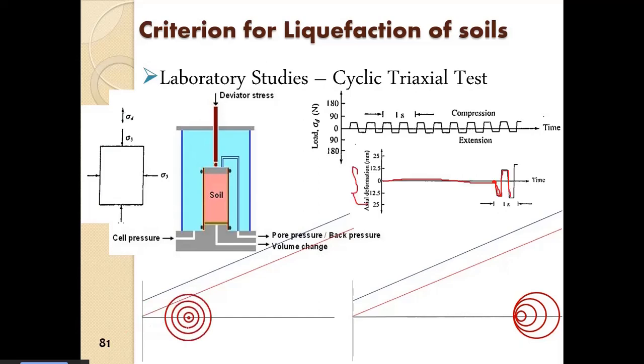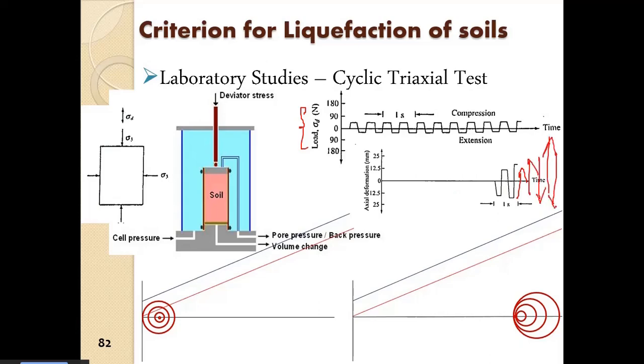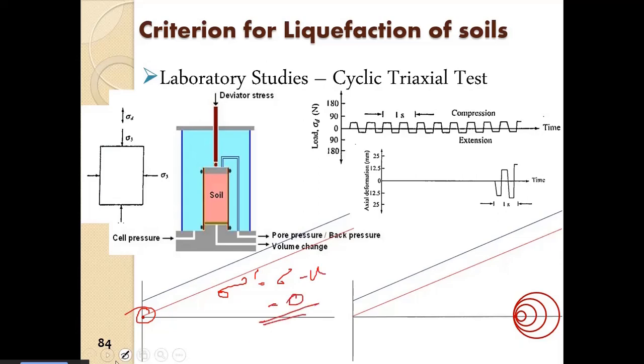The load required to keep on deforming also reduces, but since this is a stress control test, the load remains constant and the deformation keeps increasing. Ultimately we will have a total liquefaction where sigma dash is equal to sigma minus u is equal to 0.